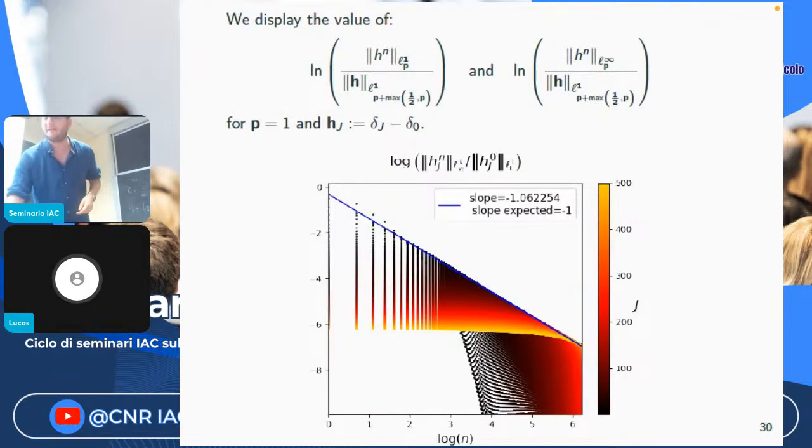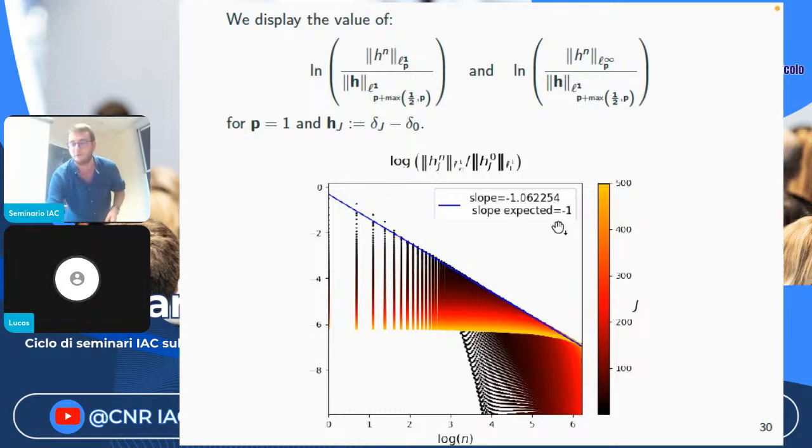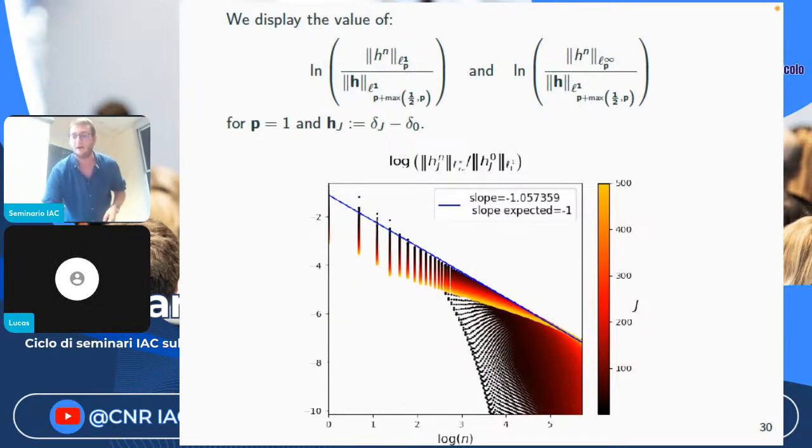Those decay rates seem to be fairly sharp. I would put emphasis on the 'seem to be', because I'm not sure if my numerical method is the best one to judge this, but at least it seemed to show that the slopes that we obtain are close to the slopes expected via my theorem, both in the L1 norm and the L infinity norm.